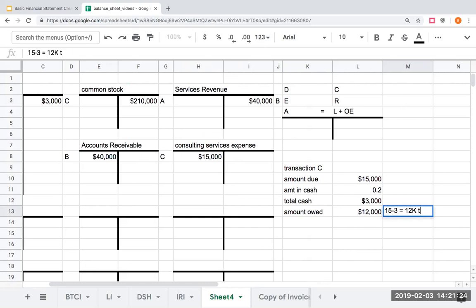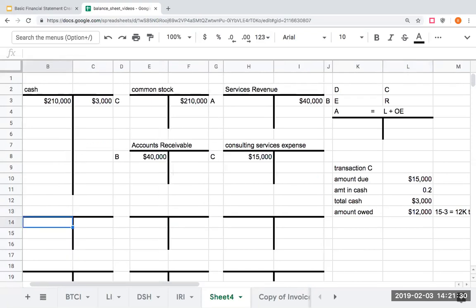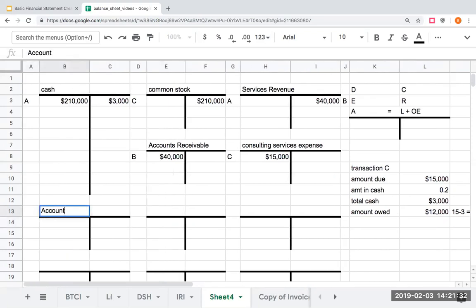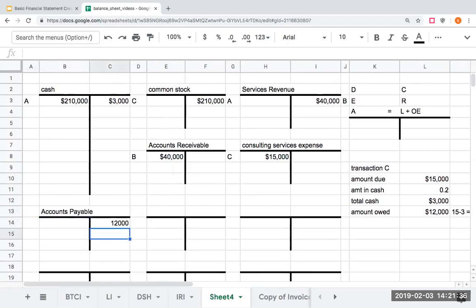And this is going to go to accounts payable. So right over here, I'm going to create a T account for accounts payable for $12,000. And this will also be here for transaction C.